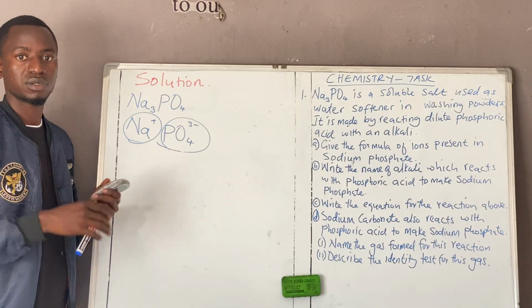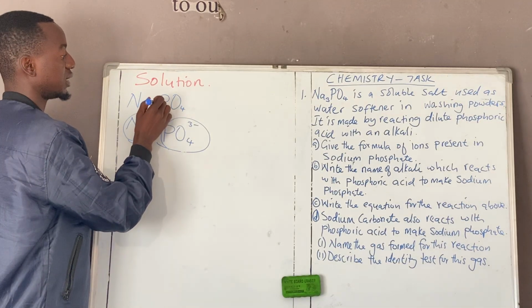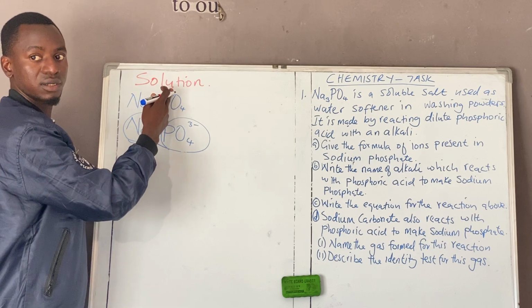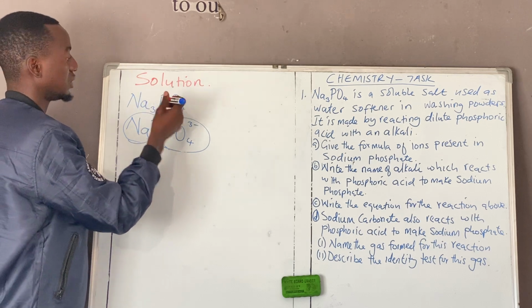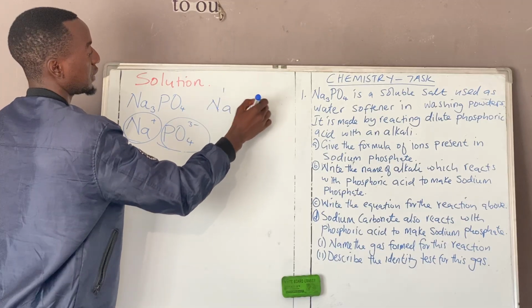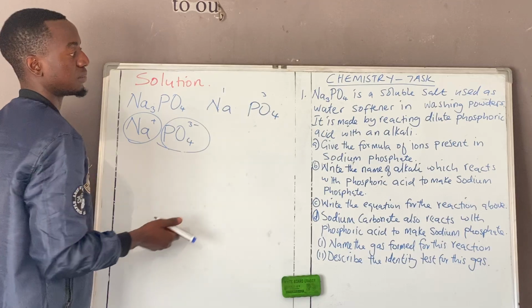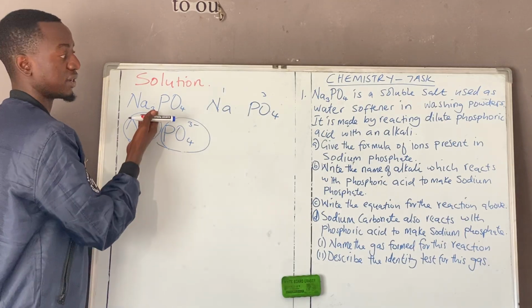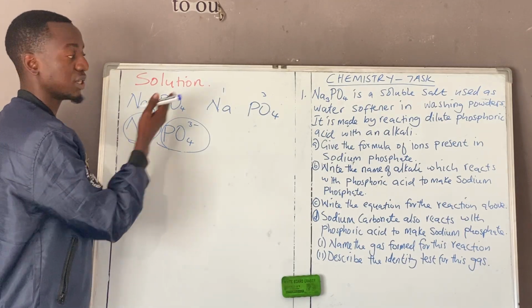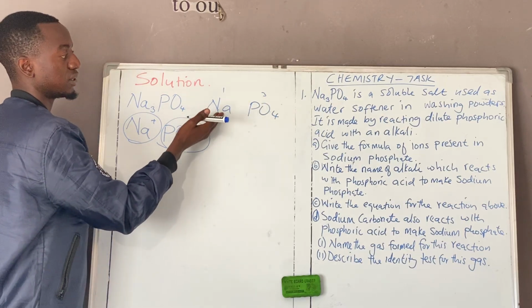So mind you, we know that this 3 is coming from where? From phosphate. Sodium has a valence of 1, and the phosphate has a valence of 3. So when you cross multiply, you find that it will give us this one. This one has a valence of 3, this one has a valence of 1.